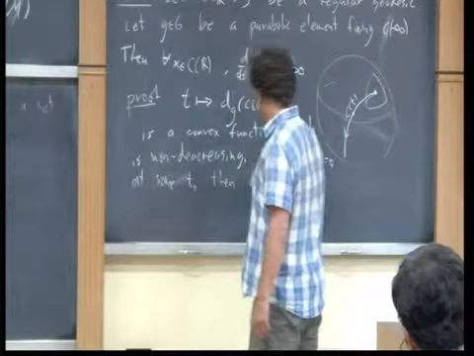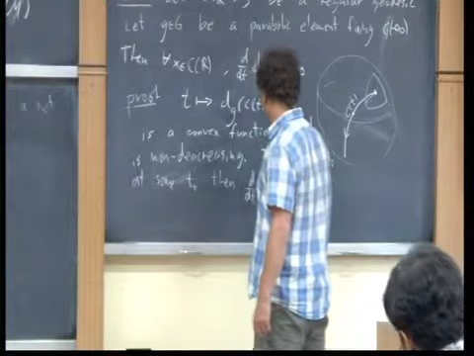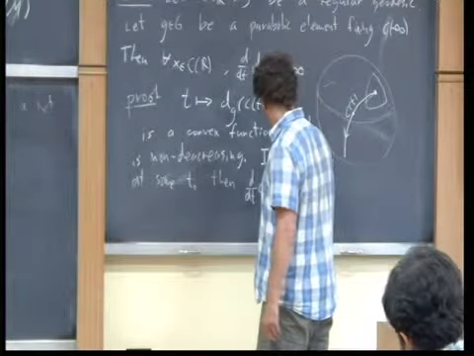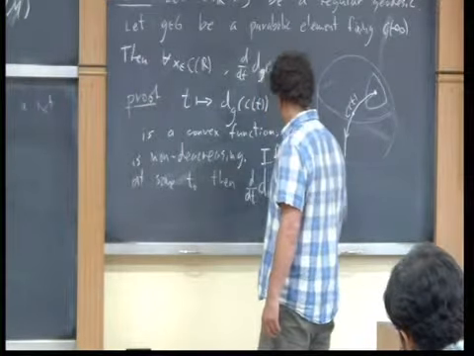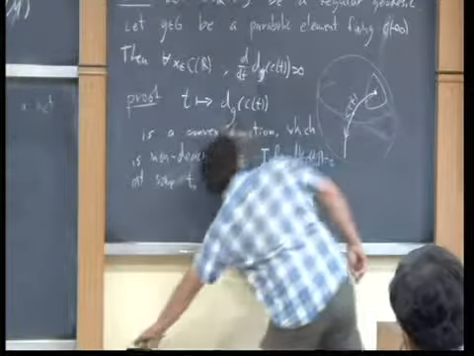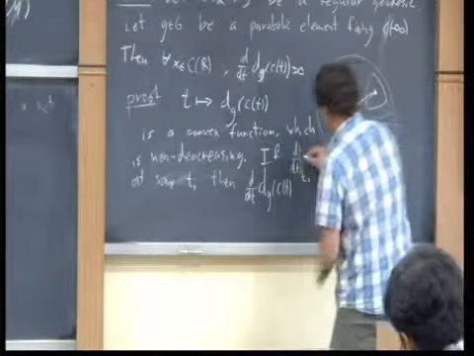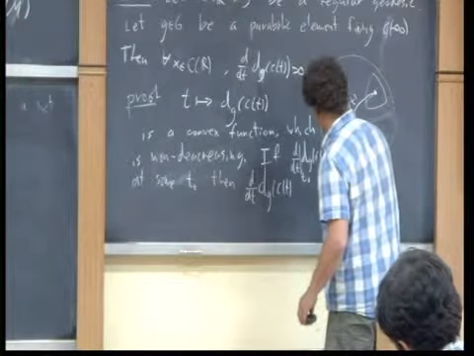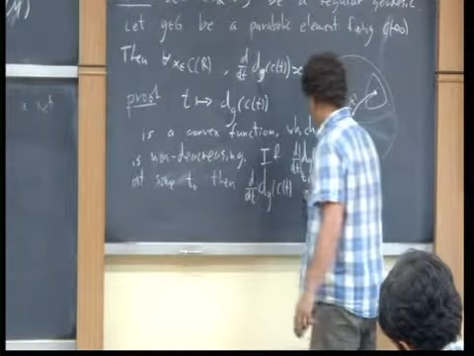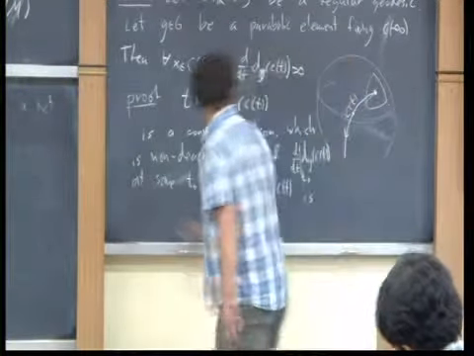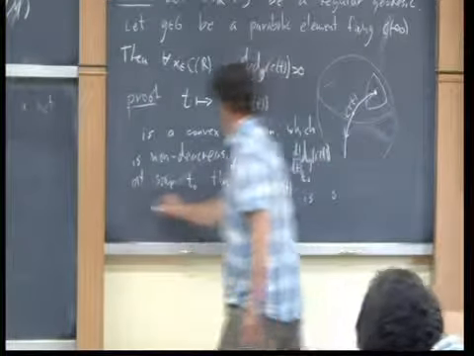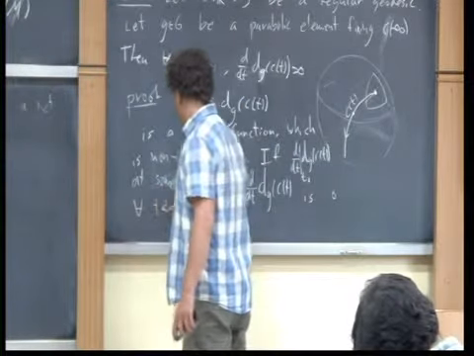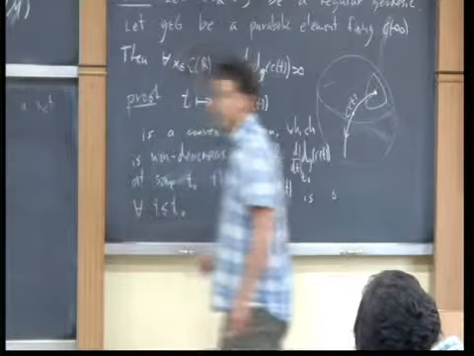Then d/dt of dg of ct is 0 in all the past, for every t which is smaller than t0, right?